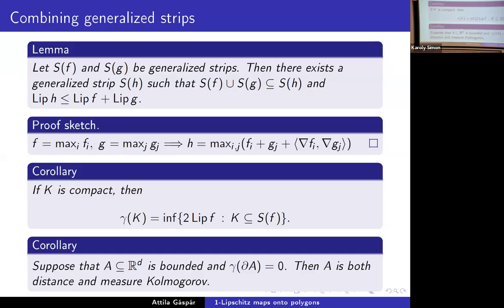And then if we apply the proximal map to A, the image of the boundary will be covered by finitely many lines. And furthermore, we can also check that nothing bad happens inside A, so we will indeed get a polygon.